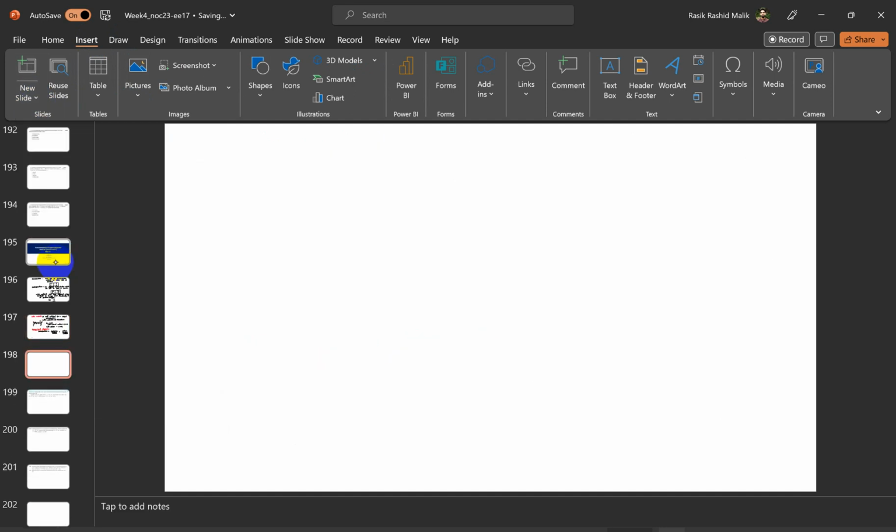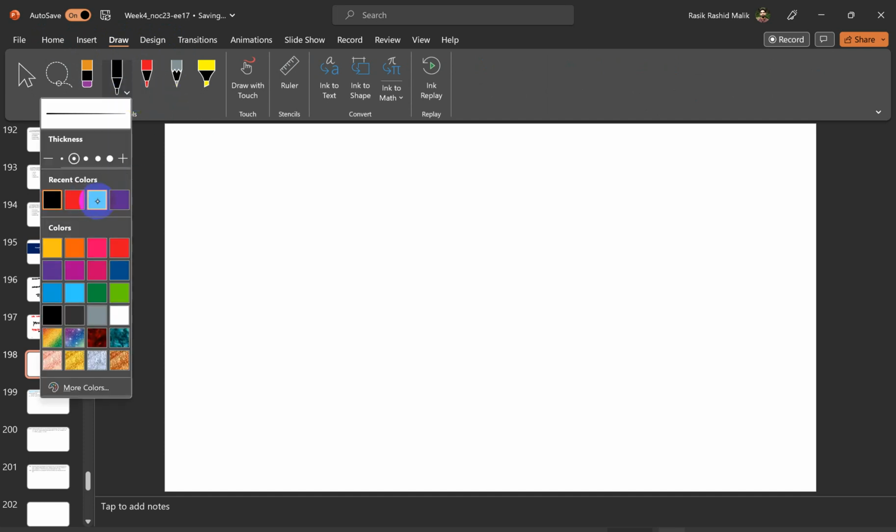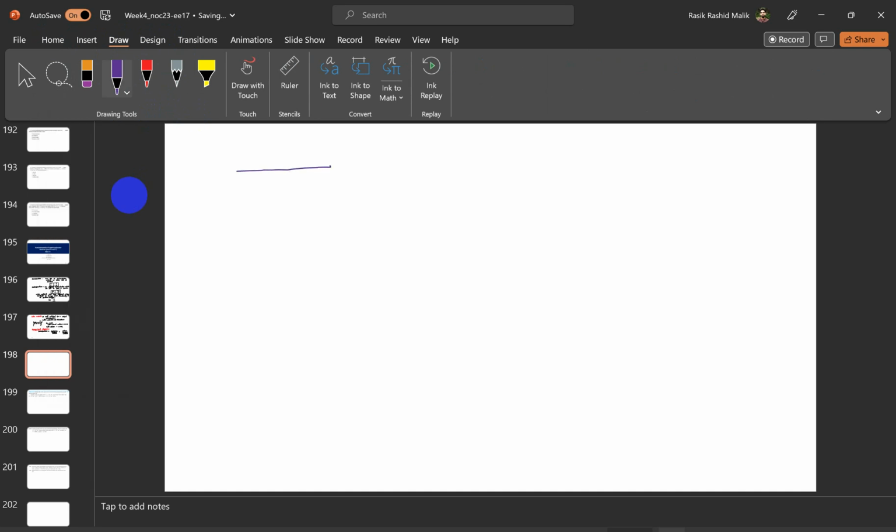Say option A is that we will have, say this is my narrower band gap material and this is my wider band gap material.